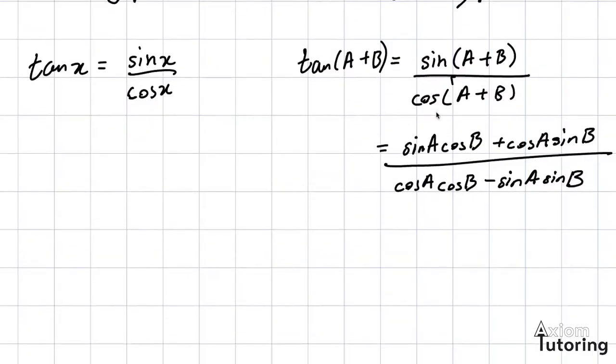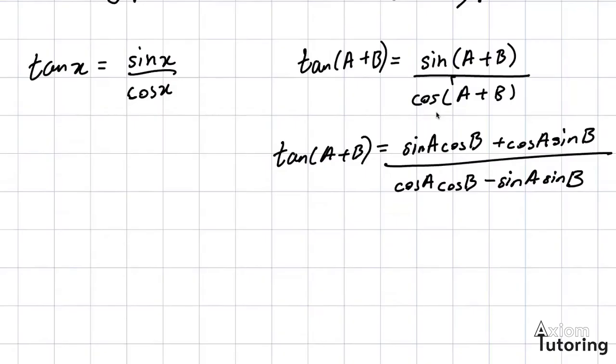So now we have an expression for tan of A plus B in terms of cos and sine, but we want to see what we can divide through each term by to get everything in terms of tan.